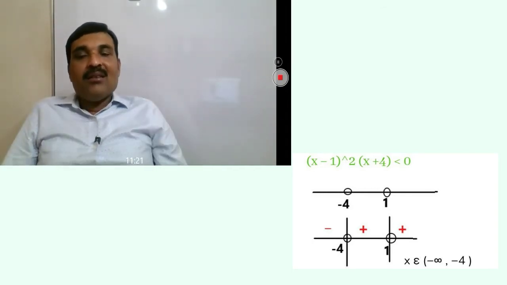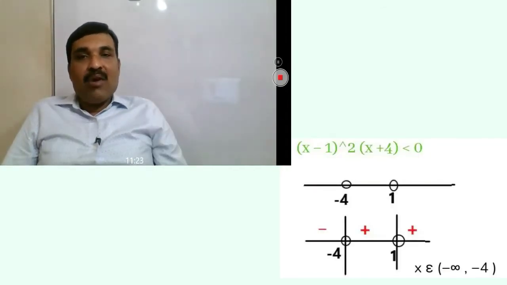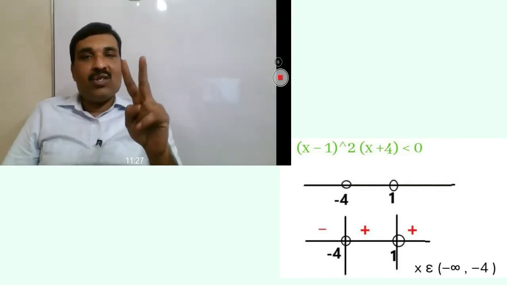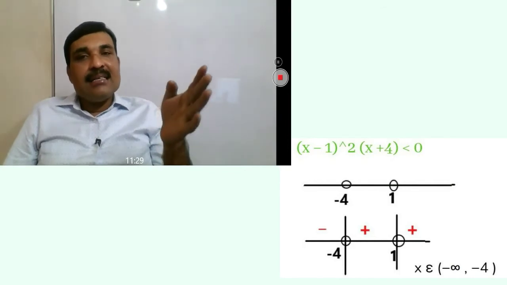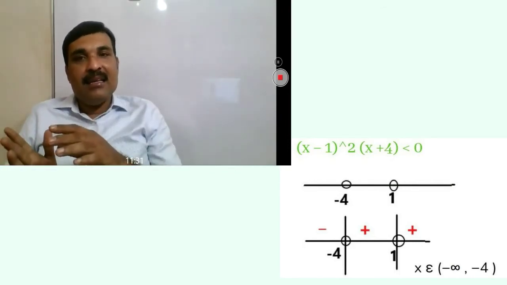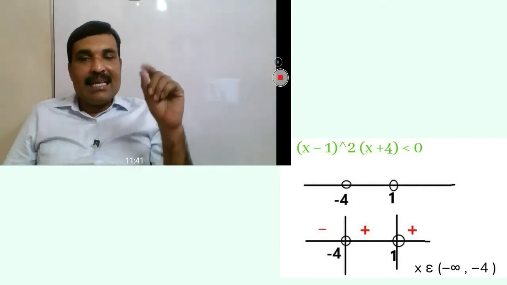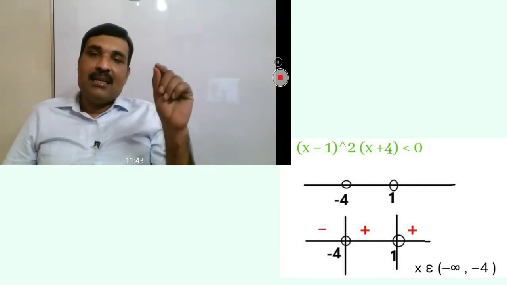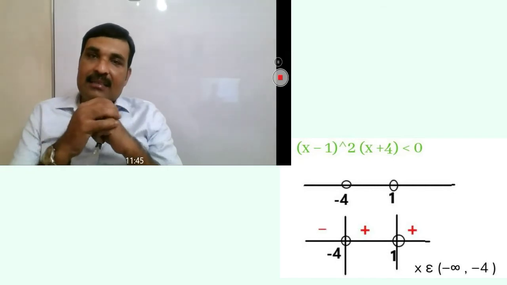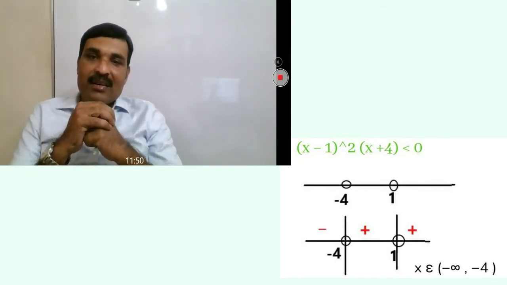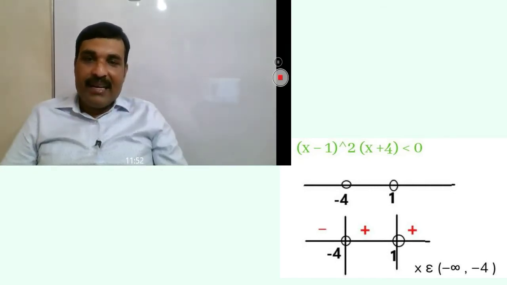Now look at the power of x minus 1. The power of x minus 1 is 2. That is an even number. So what we have to do is we retain the same sign in the region minus 4 less than x less than 1. Greater than 1 we have put a plus sign. So since the factor x minus 1 the whole square has an even power, so retain the sign plus.